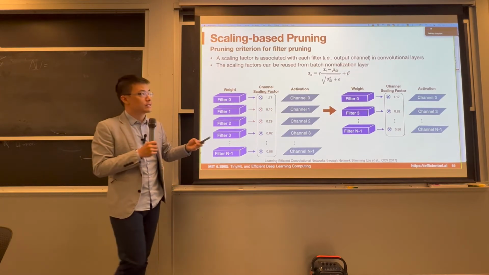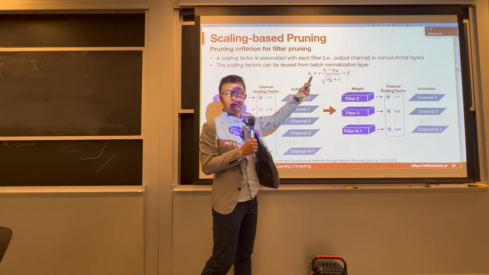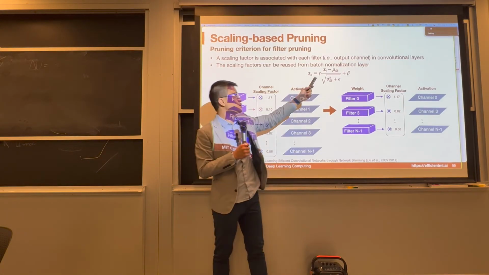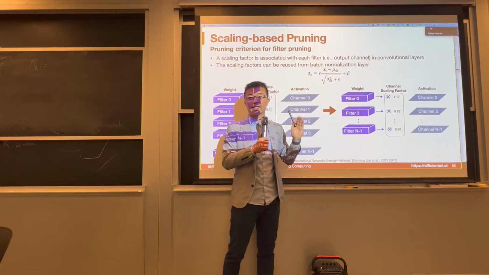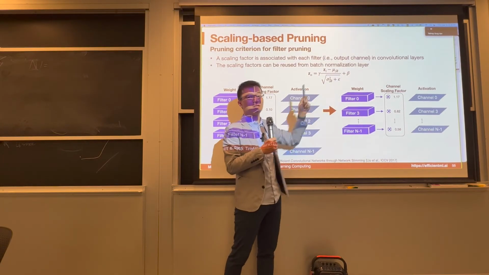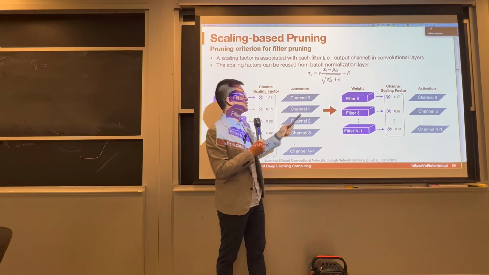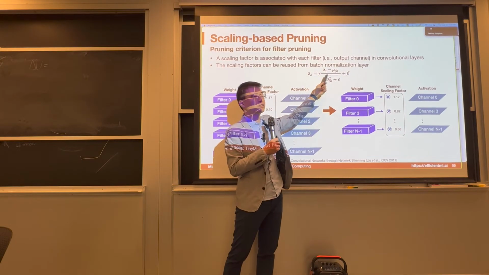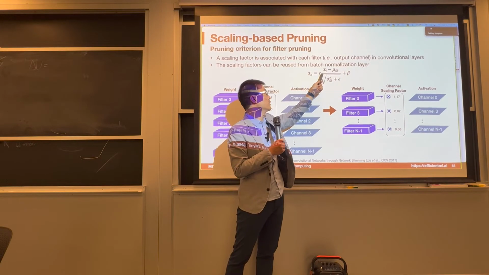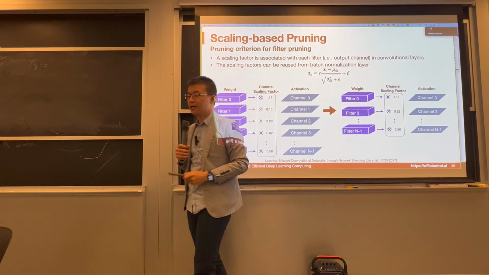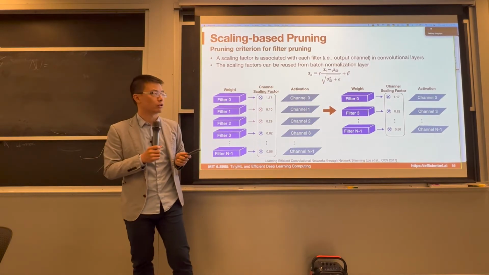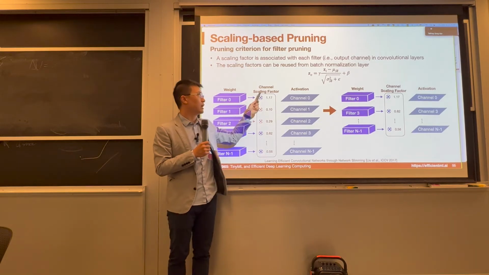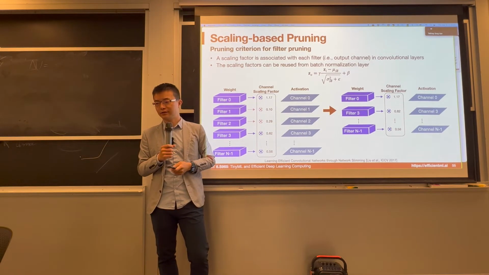And recently, last time, we introduced this batch normalization layer, where you subtract the mean from your activation, divide by the STD, and then multiply by a scaling factor and add the bias. This scaling factor can actually be trained to be smaller to determine the channel scaling factor.